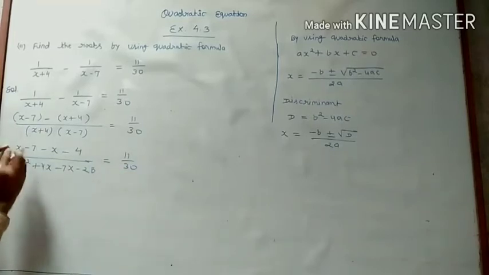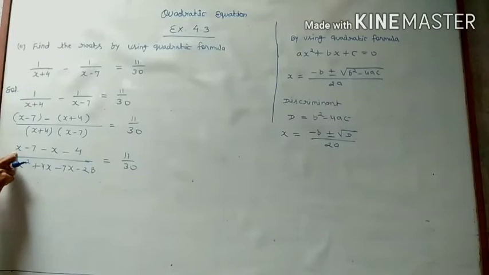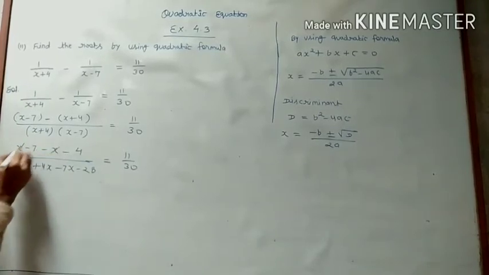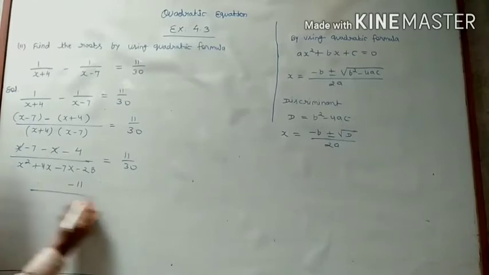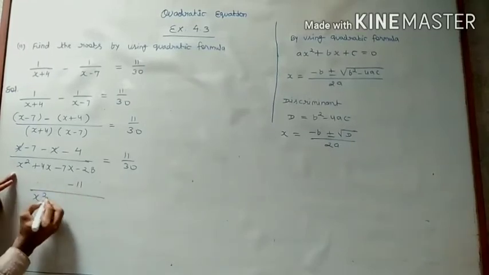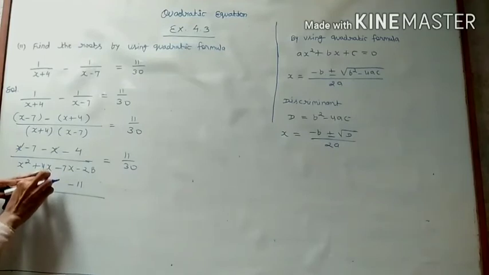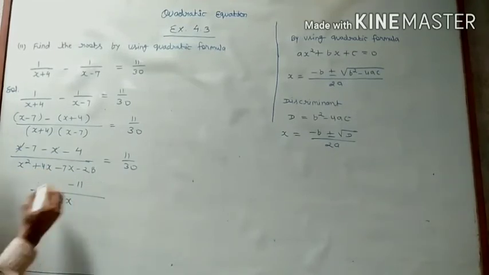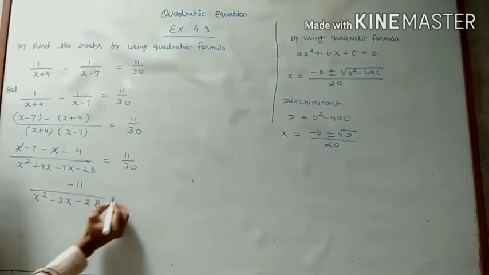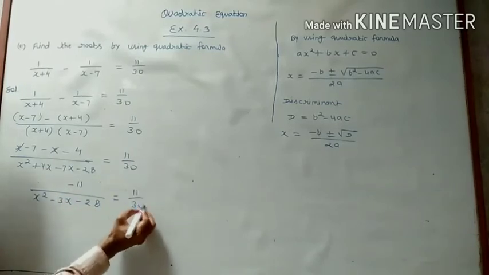Next one, x, this is positive and this one negative, so both cancel out, and -7 minus 4 is -11 upon x square as it is, 7 minus 4 is 3, the bigger number has a minus sign, so you have to write minus 3x minus 28 is equal to 11 upon 30.